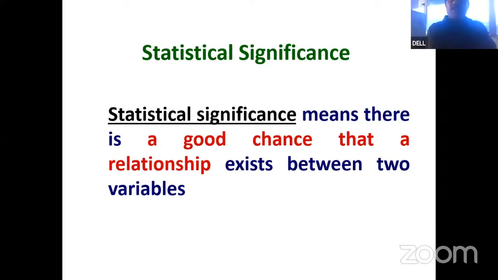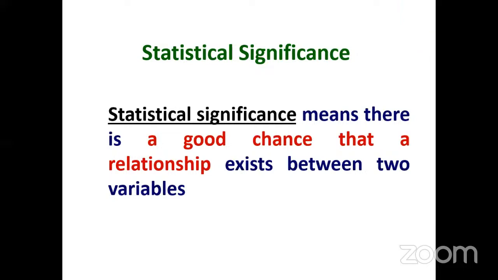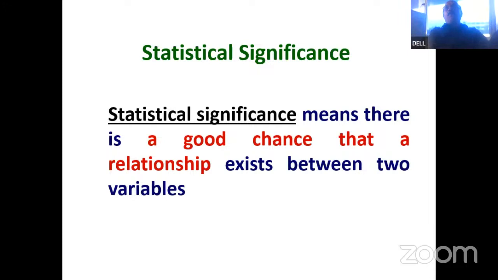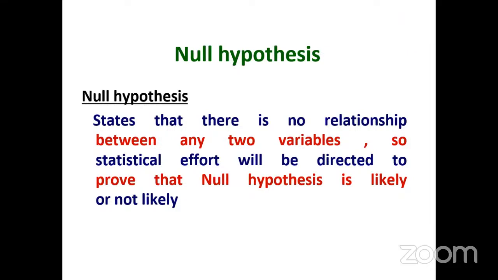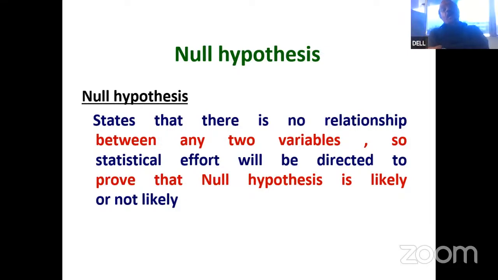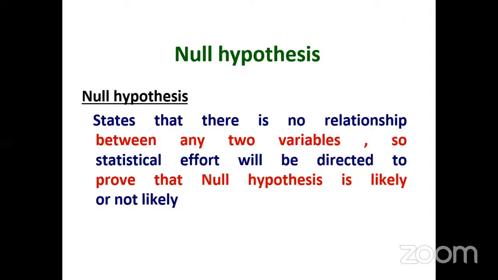Statistical significance means there is a good chance that a relationship exists between two variables. That means accepting and rejecting, dependent and non-dependent. Generally, hypotheses are observed in a statistical sense. There are two types: one is the null hypothesis and another is the alternative hypothesis.